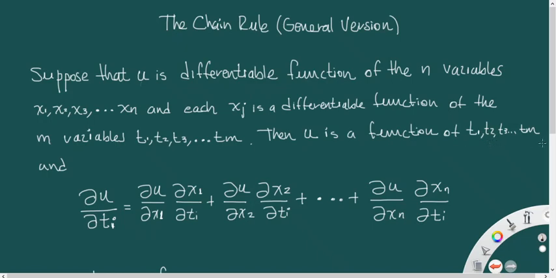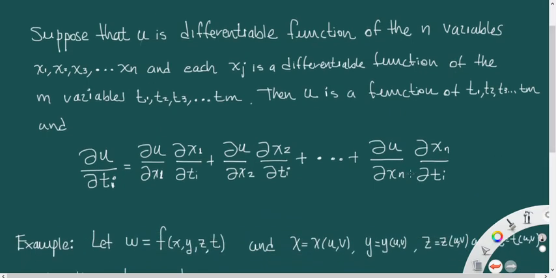And the way to express that in terms of partial derivatives is that if we want to know the differentiation for that function u with respect to t sub i, or whatever amount of t's we have, is equal to the partial derivative of the function with respect to x sub 1 times the partial derivative of x sub 1 with respect to t sub i, plus the partial derivative with respect to the second x times the partial derivative of the second x with respect to t sub i, and so on, all the way up to the partial derivative of the function with respect to x sub n times the partial derivative of x sub n with respect to t sub i.